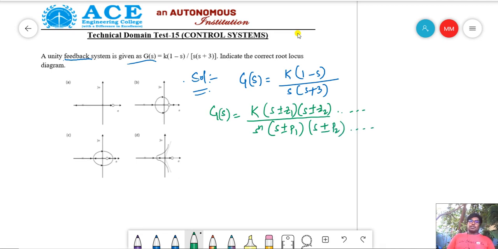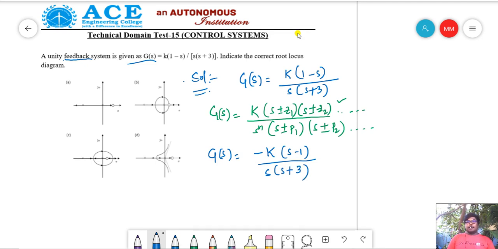These are the poles, these are the zeros, and K is the gain of the system. Now we write this transfer function in the standard form: G of s is equal to minus K (s minus 1) divided by s into (s plus 3).